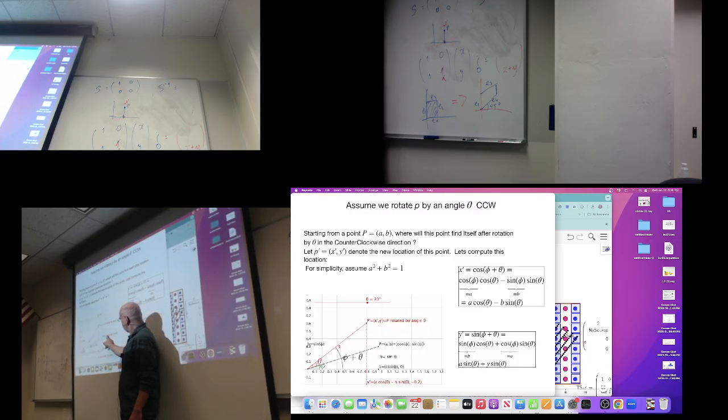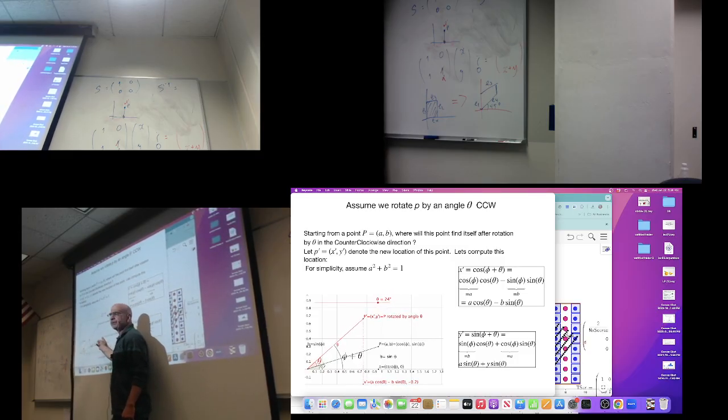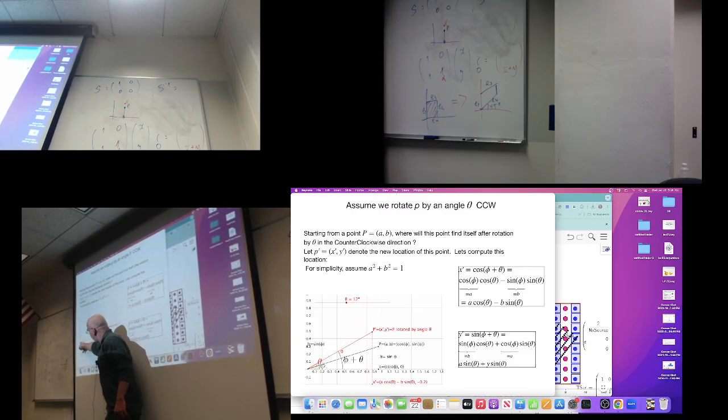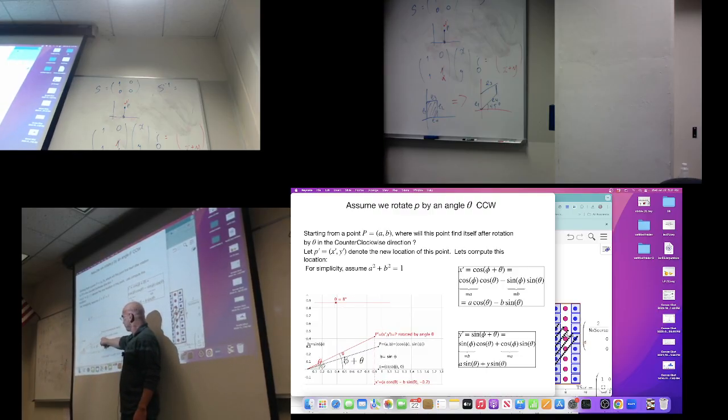Its distance is 1. And now what is a here? It's the cosine of something that depends only on the point. Let's call it phi. Cosine of phi is the x coordinate, and y will be sine phi.